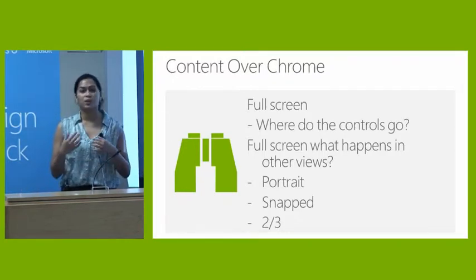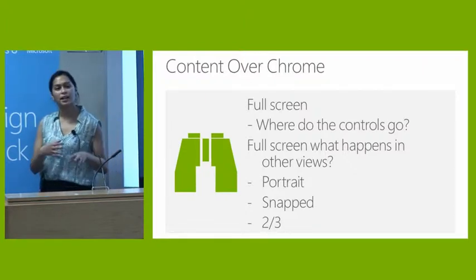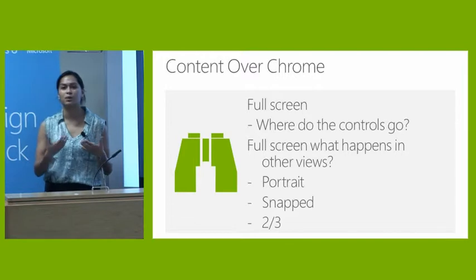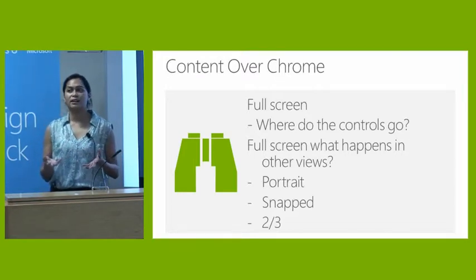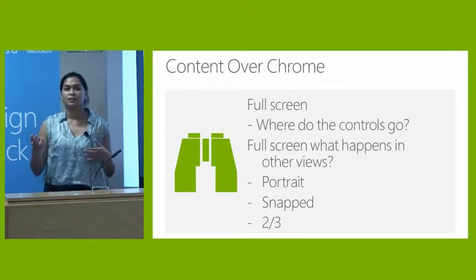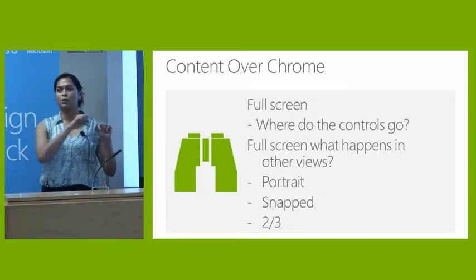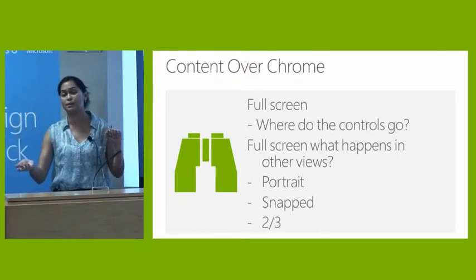Okay, so where do we put it then? If we don't want it on the screen, taking away from the user's experience, where do we want to put it? Back in the app bar? We actually ended up deciding to put it at the top and use the top app bar for the user to be able to seek through the video and see where they were in the timestamp.